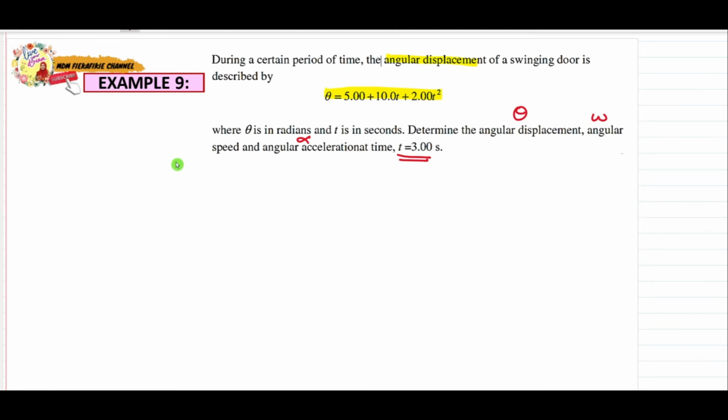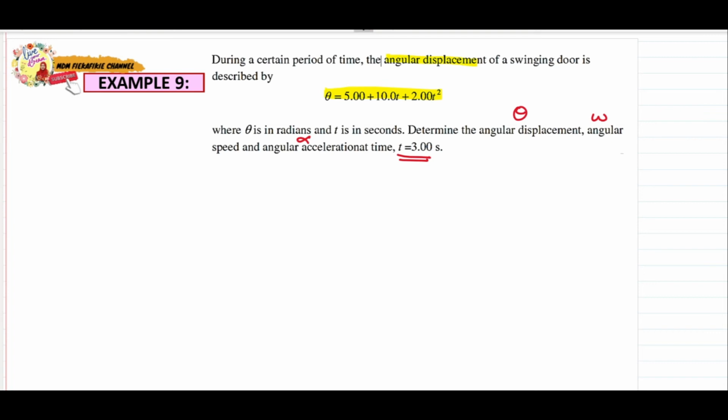So we can find what is the instantaneous angular displacement at t is equal to 3 seconds. So we can find what is the instantaneous angular speed at t is equal to 3 seconds. And also what is the instantaneous angular acceleration at t is equal to 3.0 second.